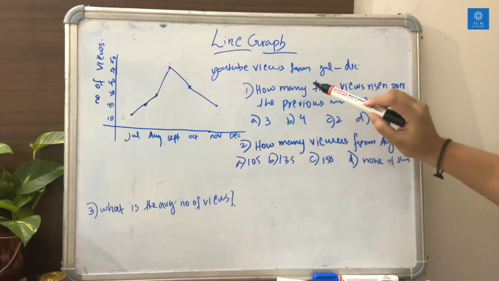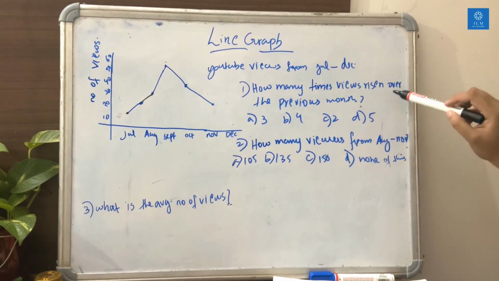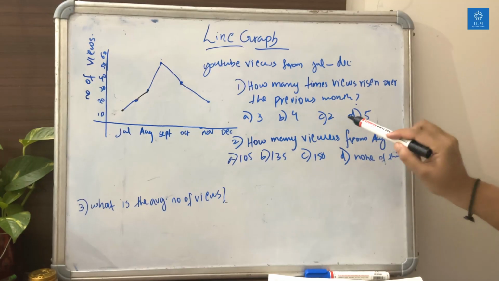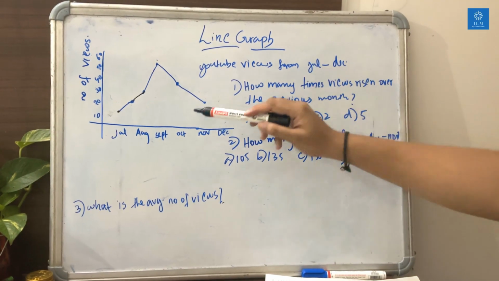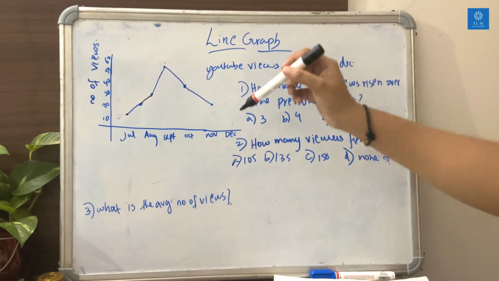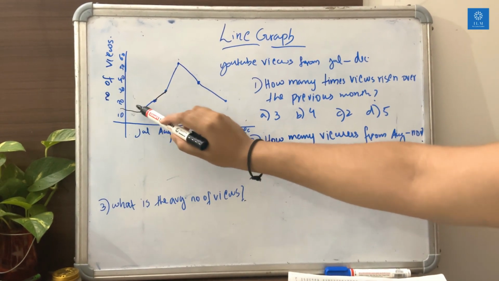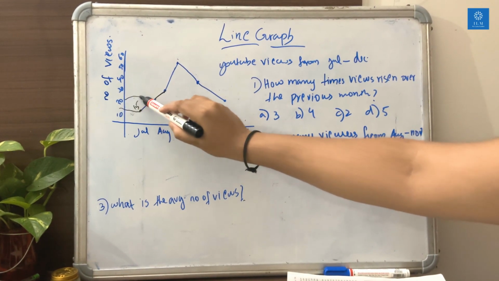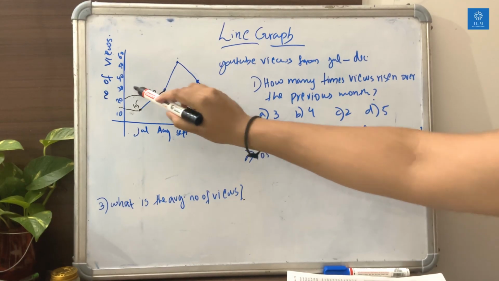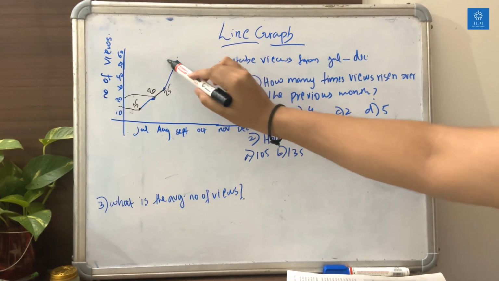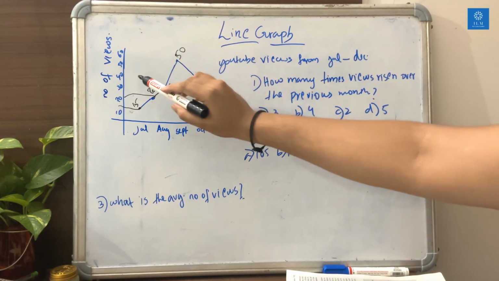In the first question, how many times have views risen over the previous month? The options are 3 times, 4 times, 2 times, 5 times. If you're looking at the graph, we can find this will be 15. Then this is 20. The other one is between 20 and 30, so that will be 25. This will be 50.